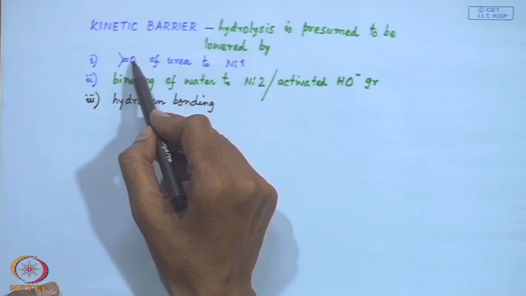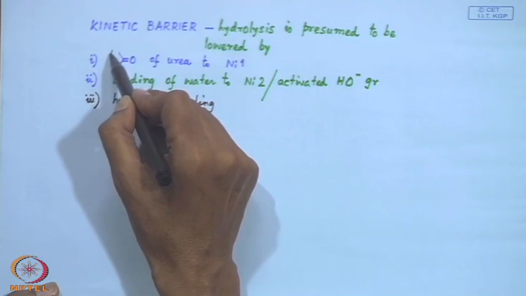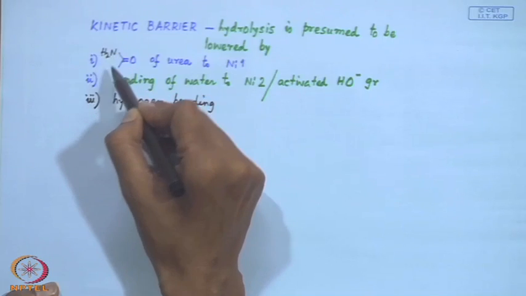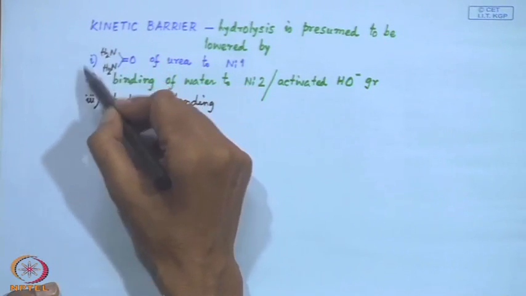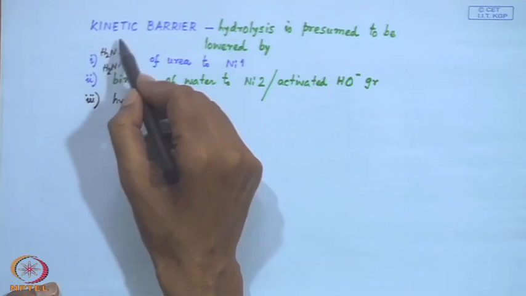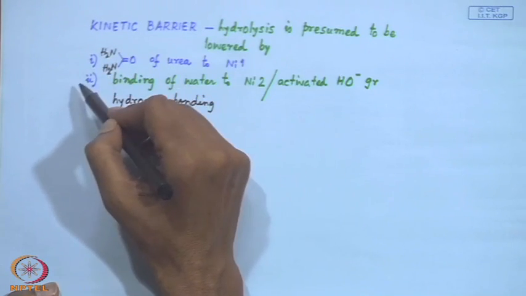Because this O group is bound to the nickel center, but if you have the NH2 here, which are away from the metal side, these two nitrogen NH functions can be good hydrogen bonding donors.